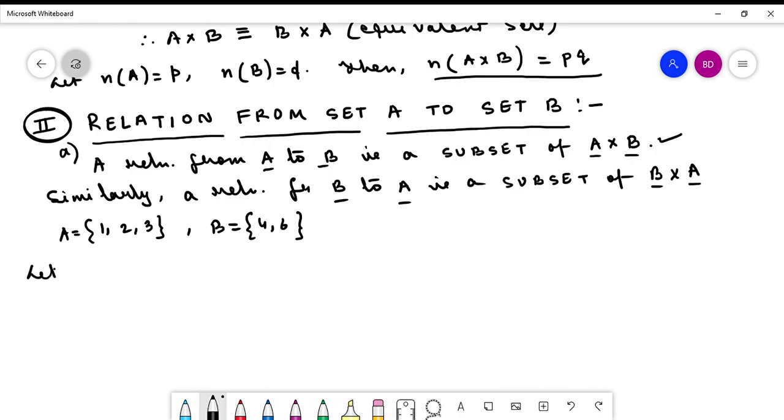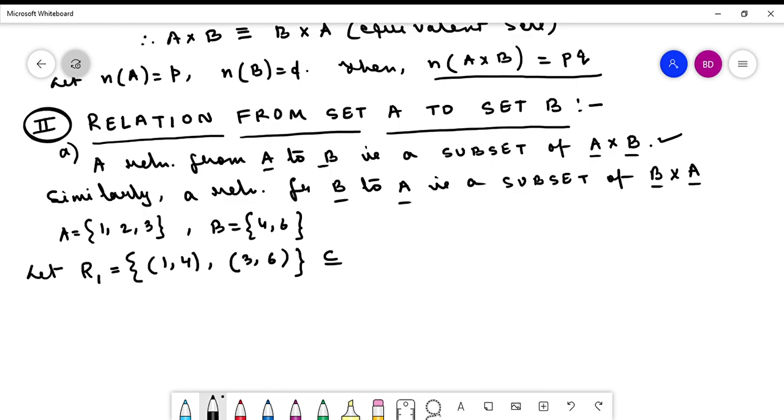Now suppose I take a subset of A cross B and name that subset R1, just a naming convention. Out of the 3 into 2, 6 elements, suppose I choose elements (1,4) and (3,6).